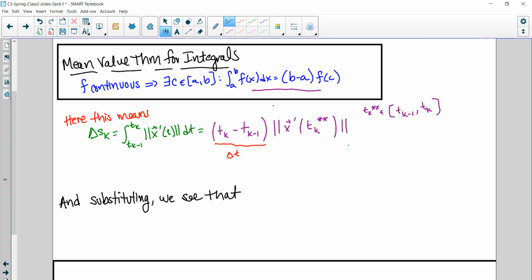We get the limit as n goes to infinity of the sum, k equals 1 to n, of f of x of tk star, and I'm going to use a double star just for consistency in notation, delta sk.